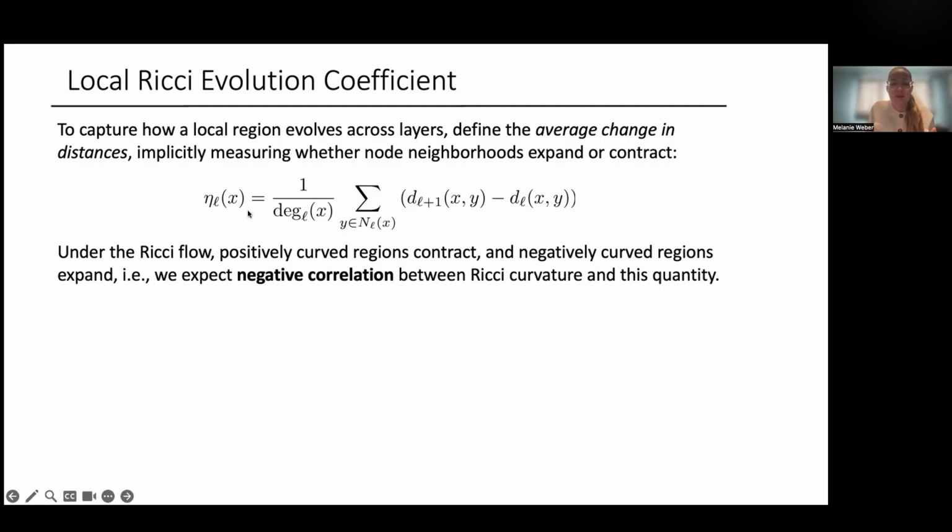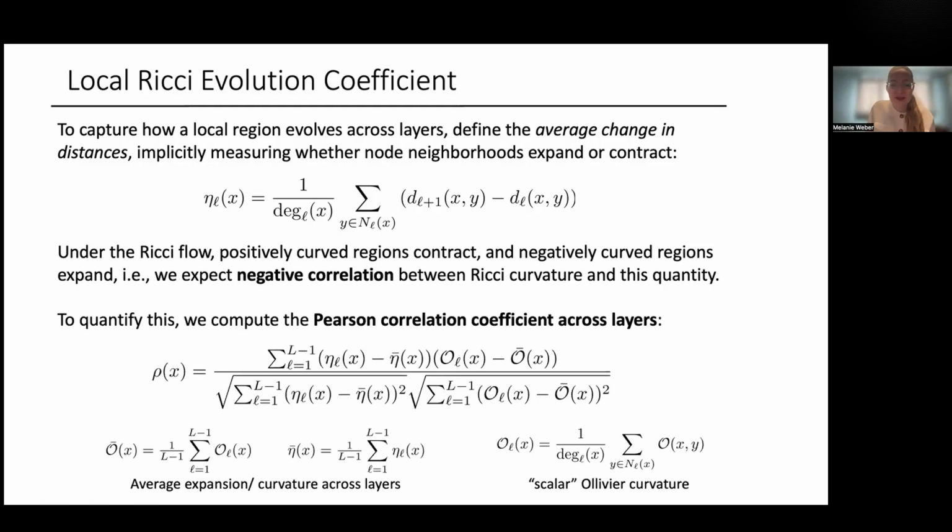So this is captured here in this eta L, where L is indexing the layers. And then in order to measure how well that aligns with the expected behavior that we would observe under a Ricci flow, we define what we call the local Ricci evolution coefficients, which are essentially a Pearson correlation between this average change in the distances and the change of the distances that we expect under curvature.